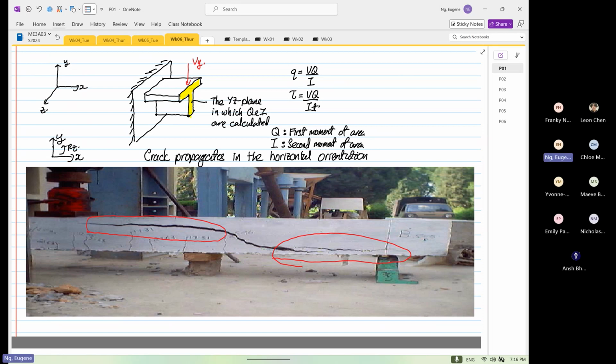You can see the majority of the cracks are running horizontal. You only have this section over here, where the cracks meet one another, that is slightly tilted, but the majority of it is horizontal.